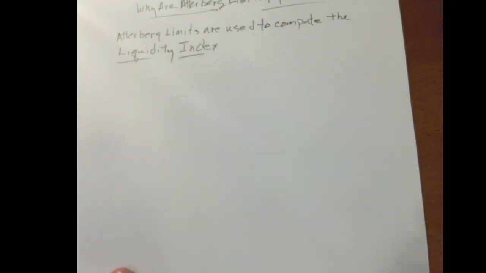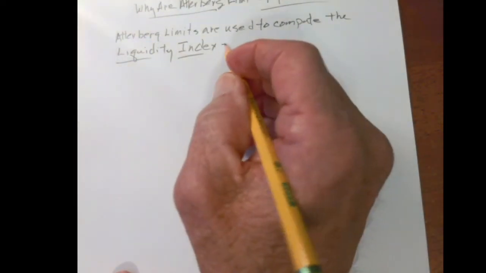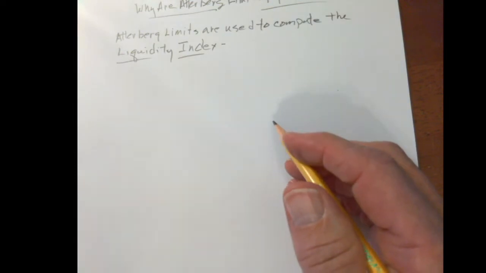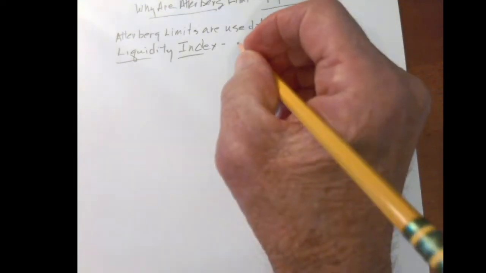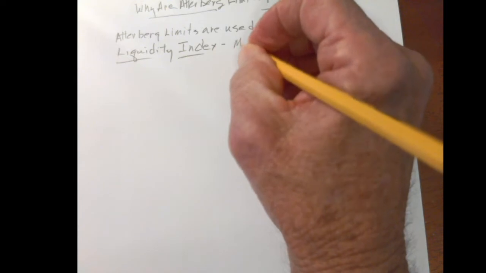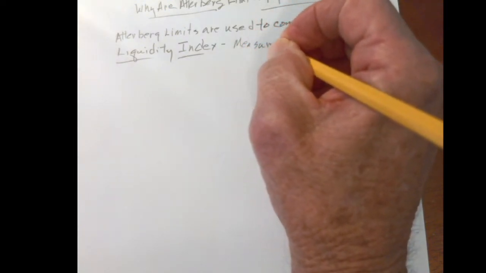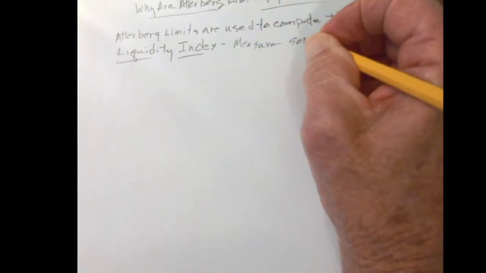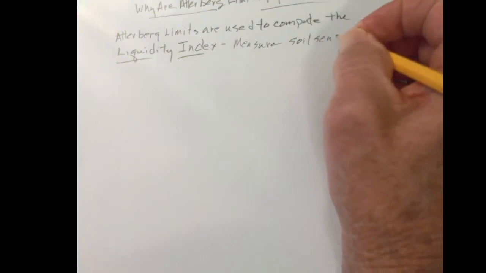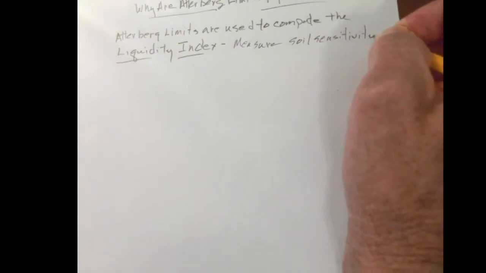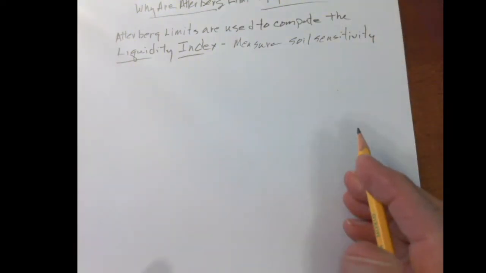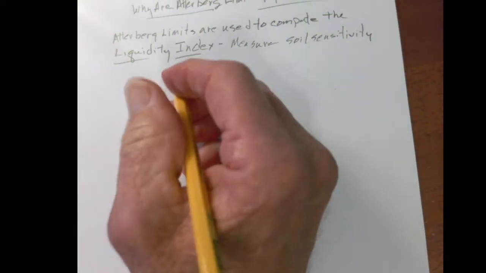And the liquidity index is a measure of soil sensitivity, or an indication. It has a formula.